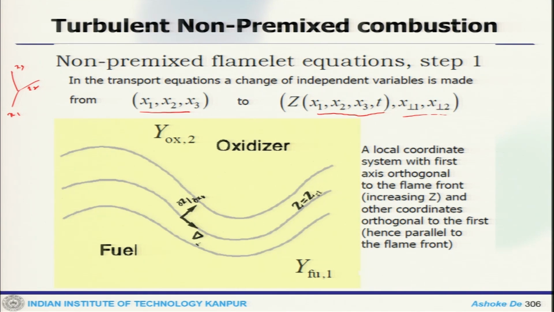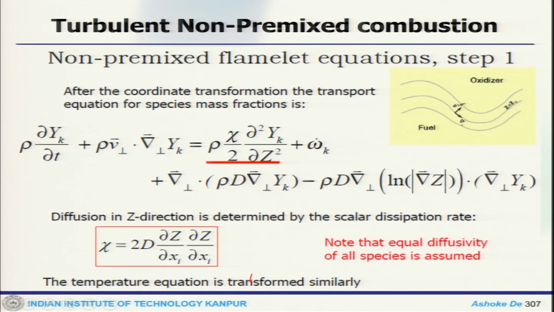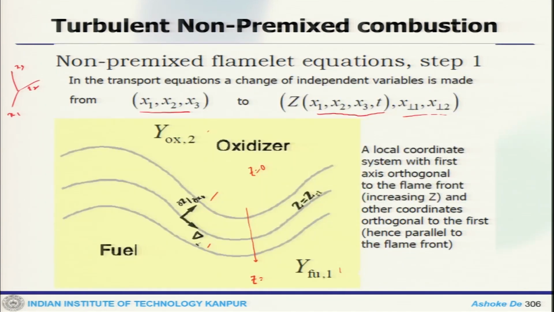So if we look at the flame front, this is the fuel, this is oxidizer, and this is the stoichiometric surface. So in the flame normal direction there is a local coordinate system one can define like this and this. So the local coordinate system with the first axis orthogonal to the flame front, increasing Z, and the other coordinate orthogonal to the first. So with increasing Z, Z is 0 here, Z is 1 there.